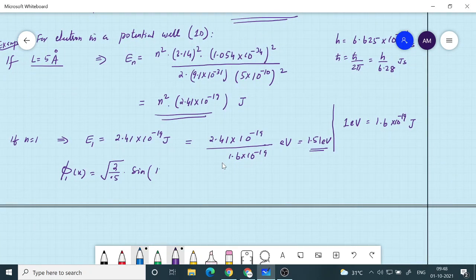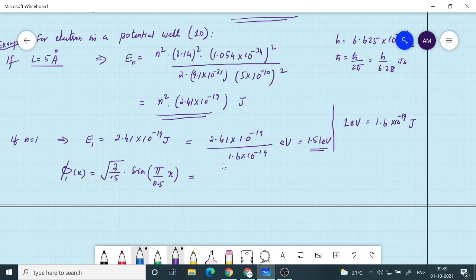so you can say, if I write it in nanometer, n is 1, pi by L, L is 0.5 nanometer, and x, where x is also in nanometer. So nanometer will cancel. So this is the corresponding eigenfunction. You can write it as 2 pi, right?